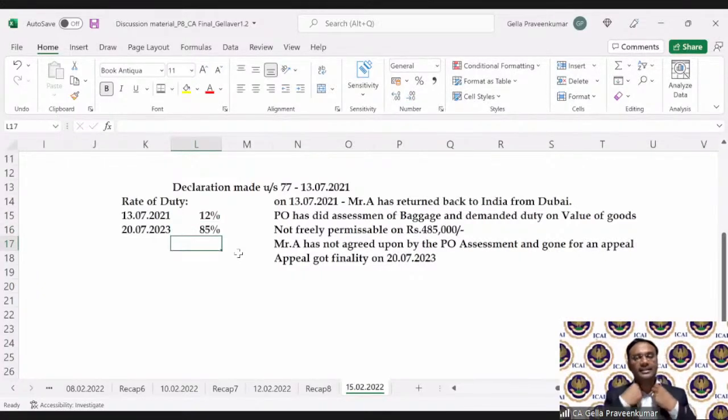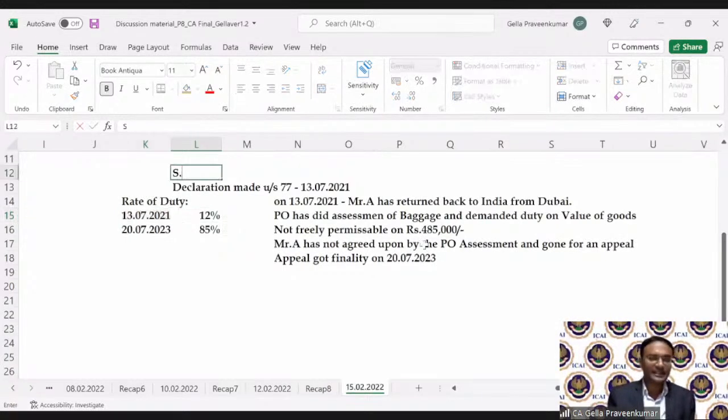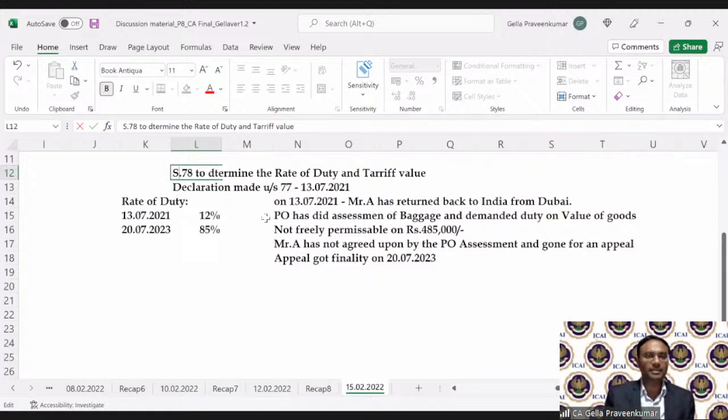Now the question is, A, assuming this was in favor of the department, has to pay the particular duty concerned. So he has to pay 85% rate of duty, or should he pay 12% rate of duty? To confirm this particular aspect, my section 78 was brought in. Section 78 is to determine the rate of duty and tariff value. This is the purpose with which my section 78 was brought in.